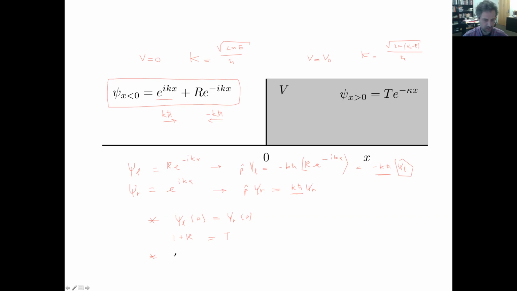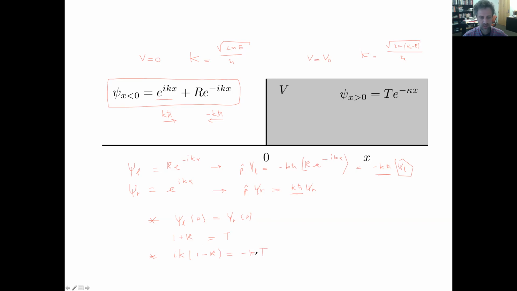Let's do that for the left. What I find is ik(1 minus r). That is the value of the derivative of this function evaluated at location x equals 0. I can do the same thing for this guy. What I find is minus kappa t times 1, because that is what the complex exponent is at this location. So this is the second result that I have.